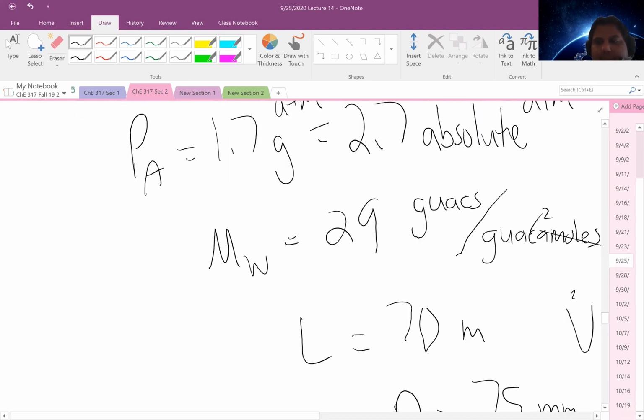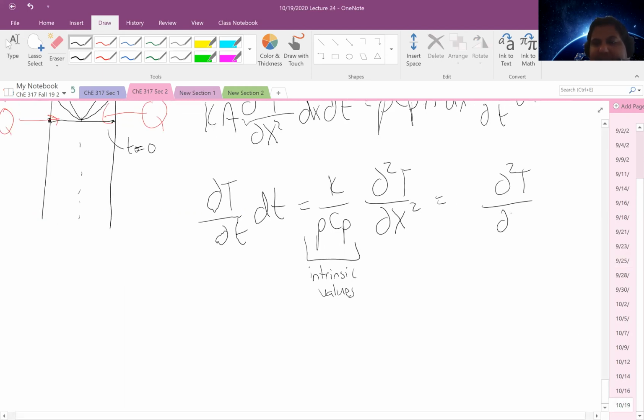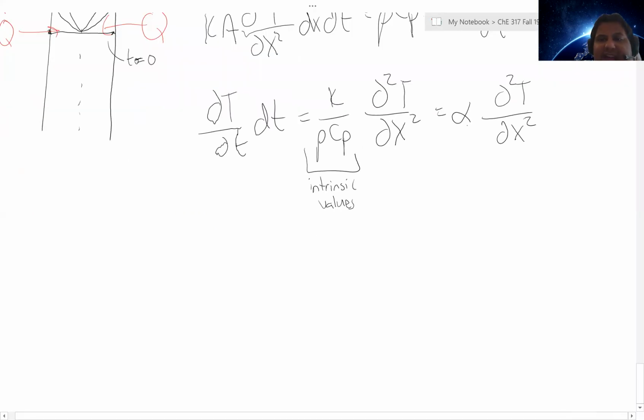But we find that this term, k over rho Cp, is a combination of intrinsic values. Meaning that since the heat transfer that we see in a transient system is a function of a combination of intrinsic values, we can define that as a new property of heat transfer, alpha, known as our thermal diffusivity.